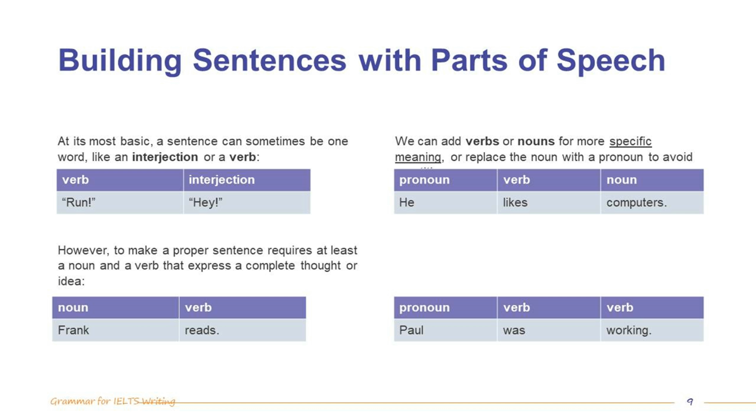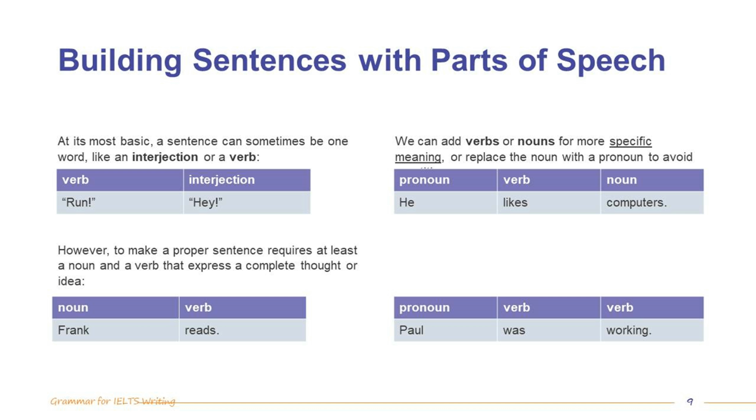Look at these examples. Run. Hey. However, to make a proper sentence requires at least a noun and a verb that express a complete thought or idea. Frank reads. We can add verbs or nouns for more specific meaning, or replace the noun with a pronoun to avoid repetition. He likes computers. Paul was working.